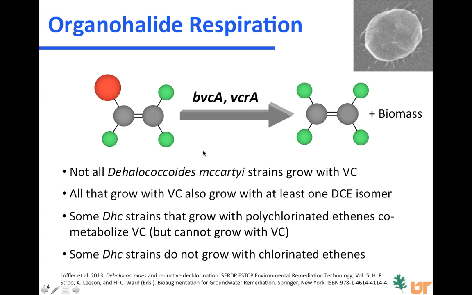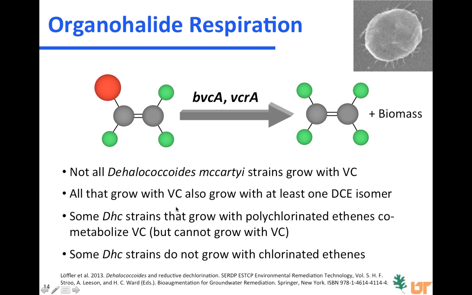And then I have a few comments here that are important to recognize. So I mentioned that some Dehalococcoides mccartyi strains can grow with vinyl chloride, but not all do. So not all Dehalococcoides mccartyi strains can grow with vinyl chloride.